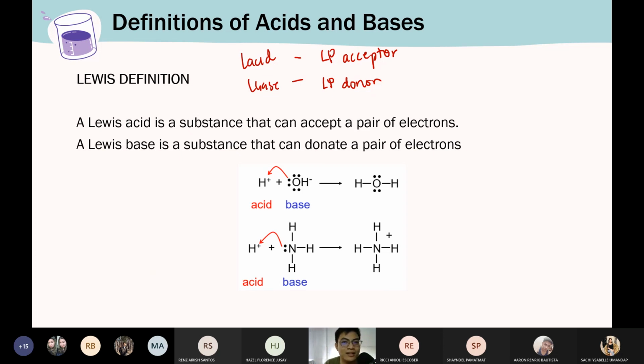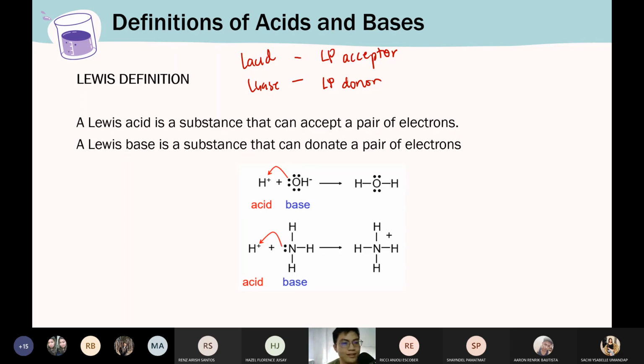Kaya nga sinabi ko sa inyo last semester, especially to my students, I told them that all organic reactions are considered acid-base reaction because of Lewis definition. Basta may na-form na bond, may acid, may base doon. Yan yung pinaka-idea but nasabi ko last year na ang organic reaction ay acid-base lang in a sense. Yan ay kung naalala nyo yung nadi-discuss ko dati. Okay, pero yan yung pinaka-idea.